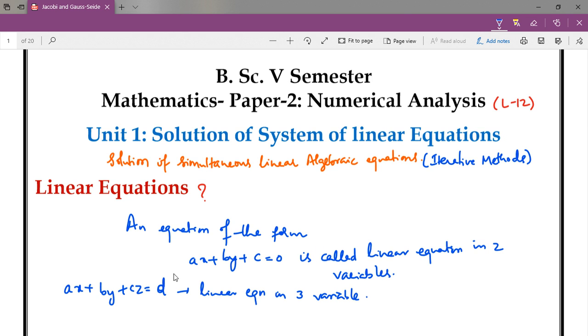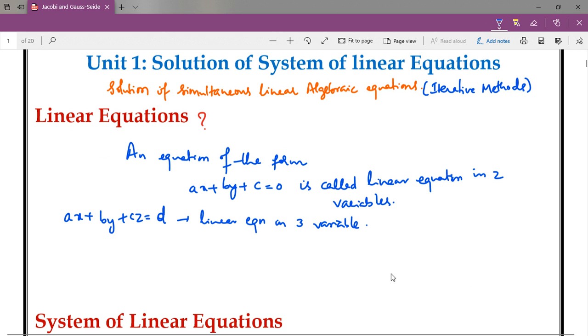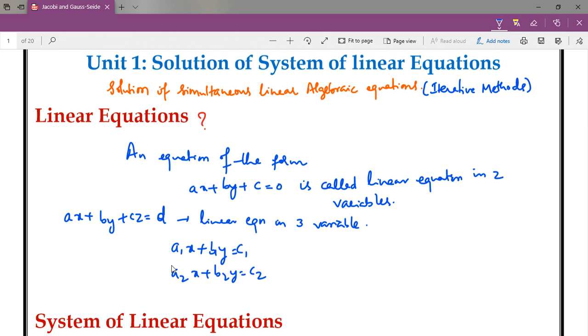Already we have studied in previous classes how to solve linear equations which have two variables, that is by elimination method or cross multiplication. Suppose there are two linear equations, a1x plus b1y is equal to c1, a2x plus b2y is equal to c2. We know how to solve this by elimination method.